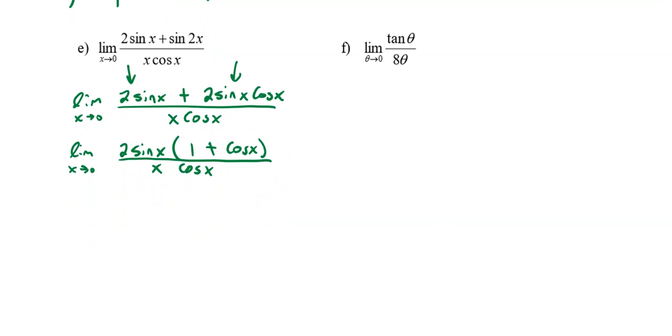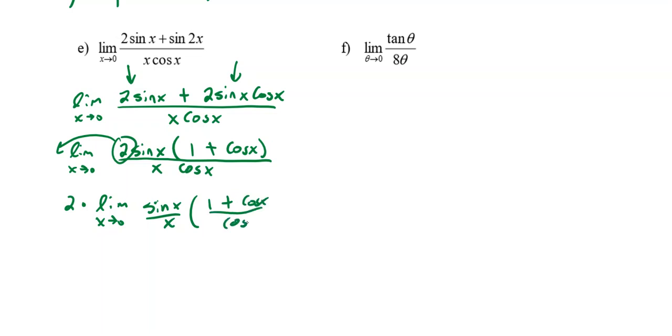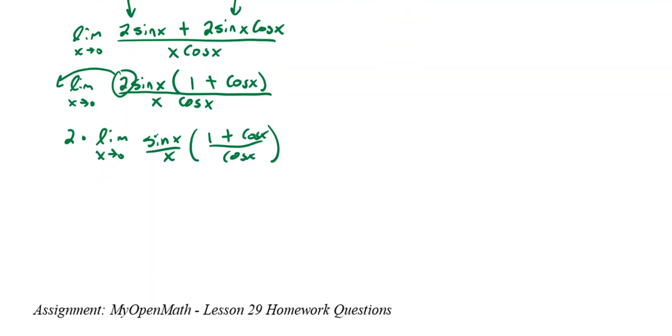Okay, so I'm just going to do one more little step here. Let's pull that 2, that coefficient, out of this whole thing. It's 2 times all of this, so it's not going to make any difference anyway. So that'd be 2 times the limit as x approaches 0 of sine x over x times 1 plus cos x over cos x, and then we'll just perform this calculation.